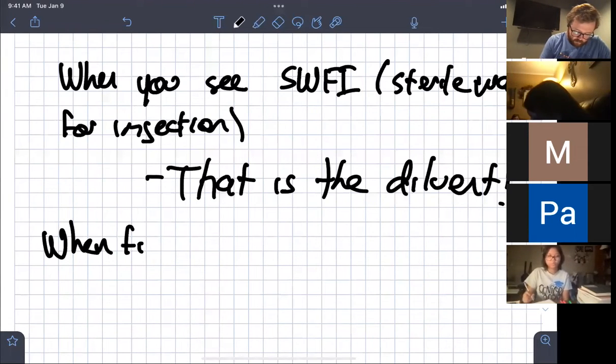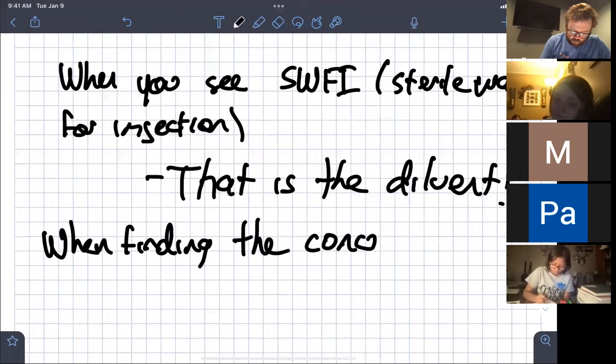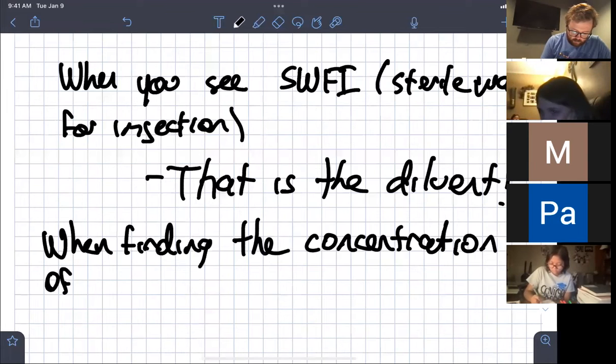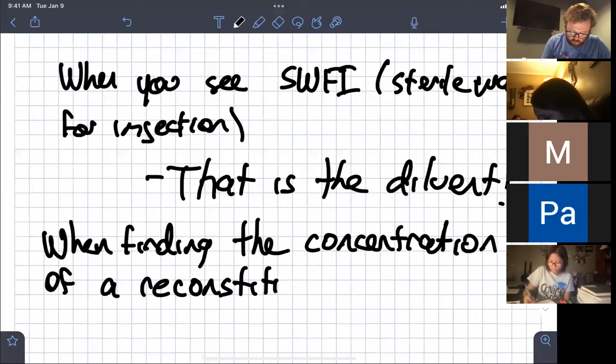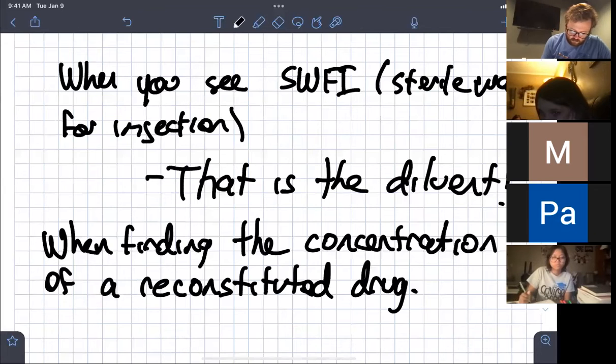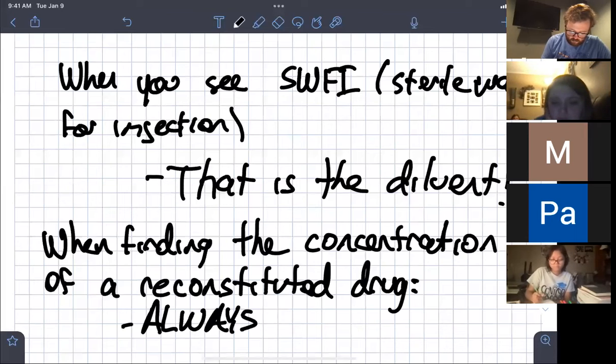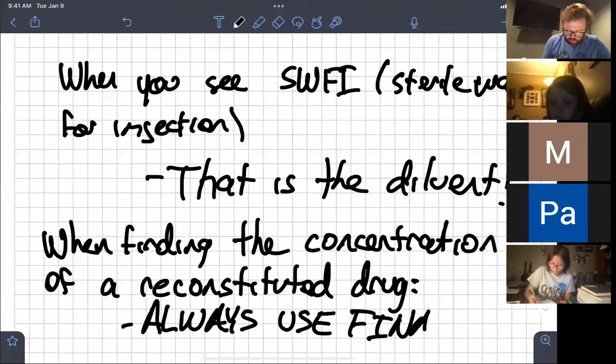When finding the concentration of a reconstituted drug, always use final.